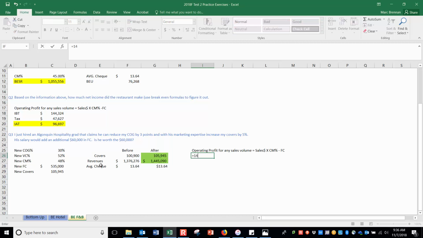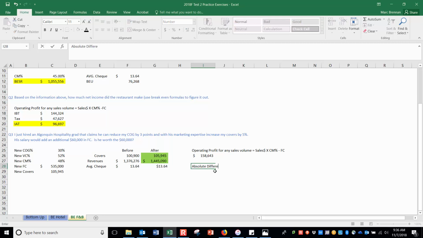Our sales with this new scenario is $1,445,090. We're going to multiply that by our new contribution margin, 0.48, and subtract our new fixed costs in this scenario, because I want to know what's going to happen in this scenario. And with this scenario, I'm going to make $158,643.